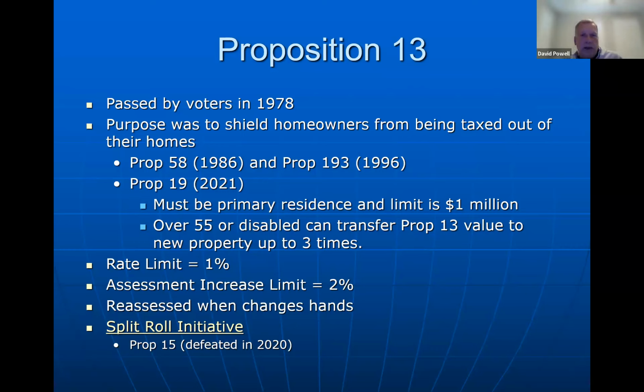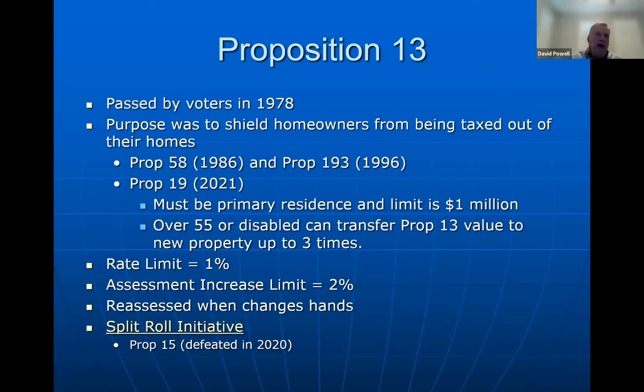Then another thing that we did in Prop 19 is for Californians 55 years of age or over, or for Californians who have disabilities or were directly impacted by a wildfire, they were given the ability to transfer their Prop 13 assessed valuation from their old home to the new home that they were purchasing.